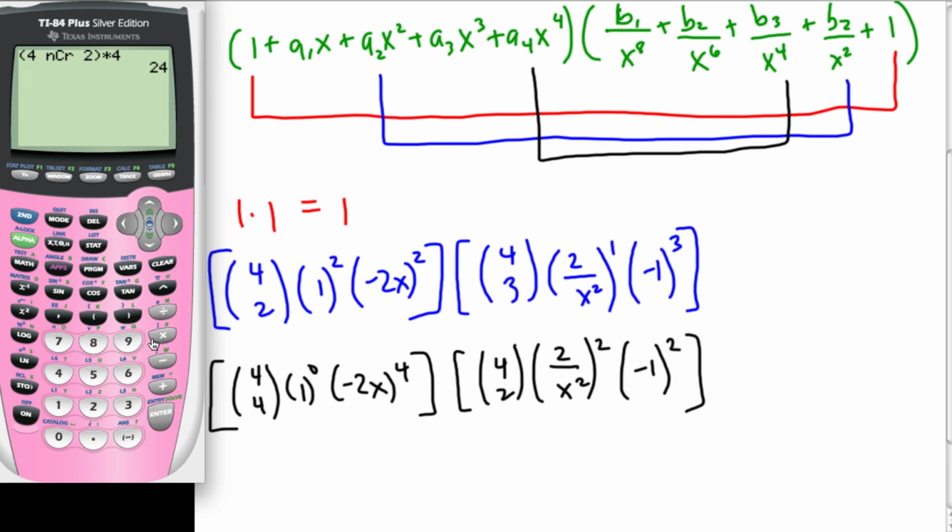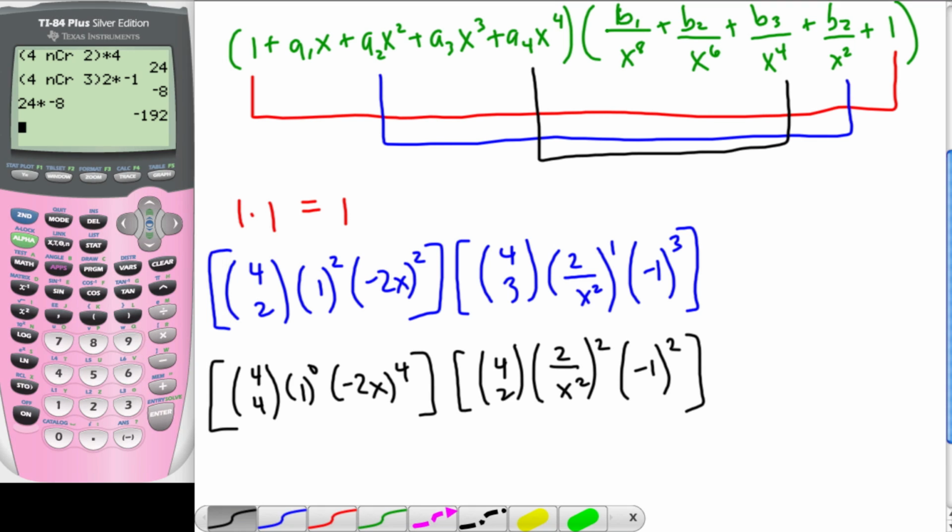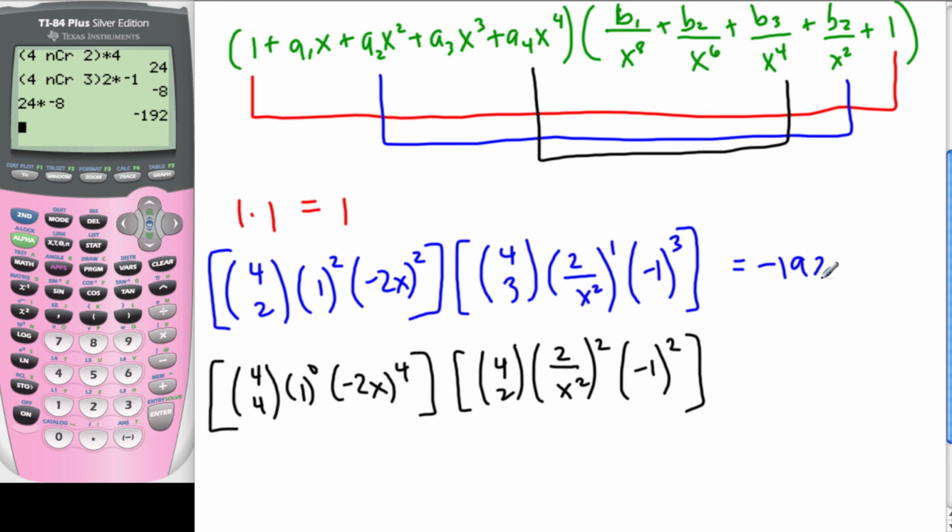And then we'll go 4 choose 3, times 2, times, and we have a negative 1 from there. So we get negative 8. So 24 times negative 8 is negative 192. So that's equal to negative 192.